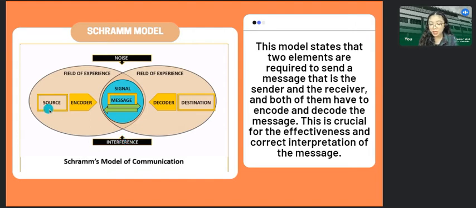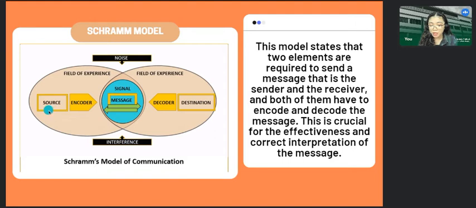So after the speaker encoded the message into different signal, and the receiver already decoded the message or interpret the message, and finally it arrives to the destination doon nga sa receiver, and syempre si receiver de-decode niya yung message, and he will send feedback. Okay, syempre, etong dito sa destination na to, babalik yan dapat dito sa source, tama? But, saan dumaan? Sa interference.